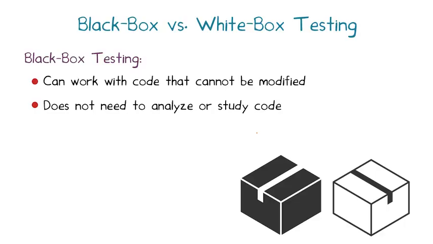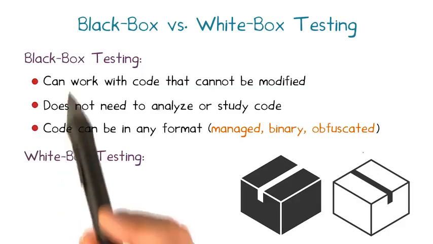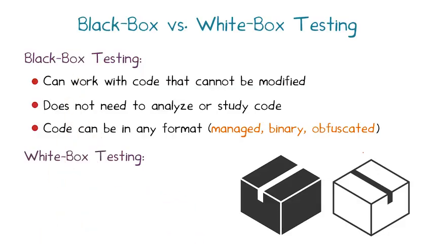Additionally, black box testing does not need to study the code to be tested. The problem with analyzing this code is that it might be too low level of an analysis. The tool might get lost in details of the program and lose sight of the bigger picture that observing inputs and outputs provides. Moreover, black box testing can be performed on any format of code, whether it is managed code, binary code, obfuscated code, etc. The advantages of white box testing over black box testing are similar to those of manual over automated testing.